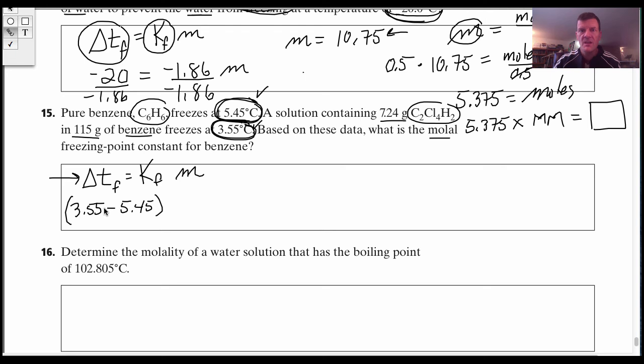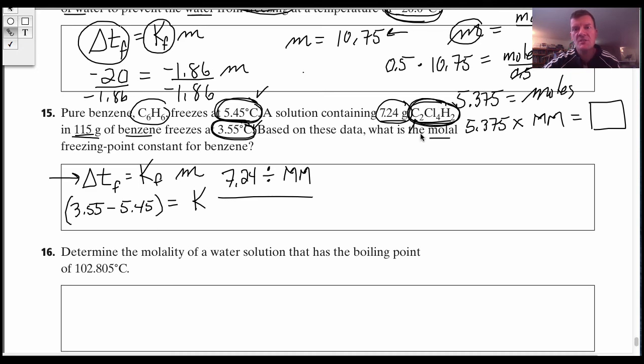Okay? And it says here, the solution contains 7.24 grams of your solute in 115 grams of benzene. This equals your K times the molality, and what is molality? It is the moles of the solute, this guy right here. So you've got to do 7.24 divided by the molar mass of this, C2Cl4H2. 2 carbons, 4 chlorines, 2 hydrogens. Add those all up, that is going to be the molar mass right there. Take 7.24 divided by that.